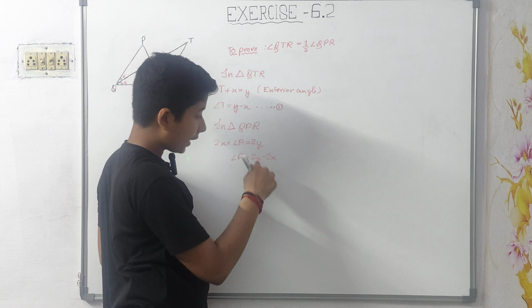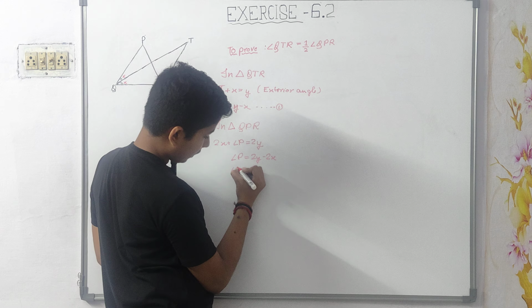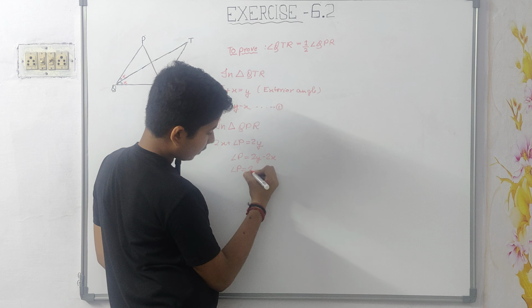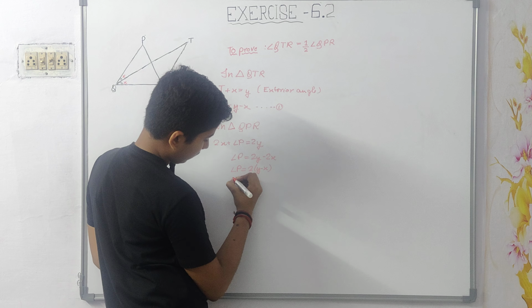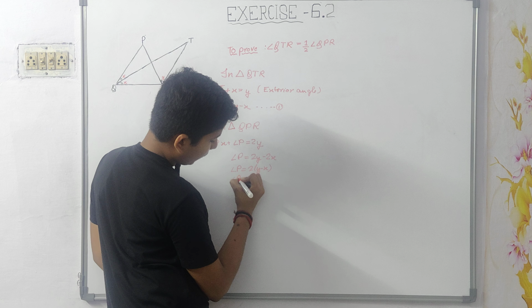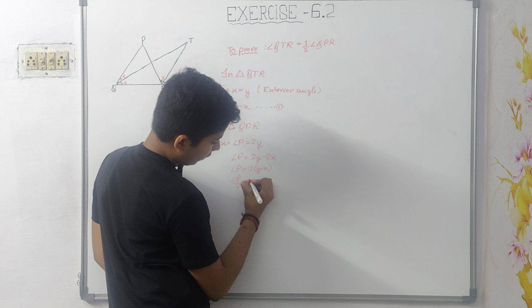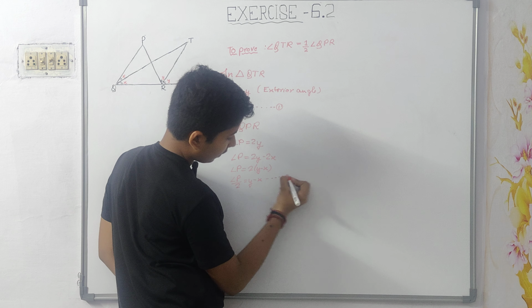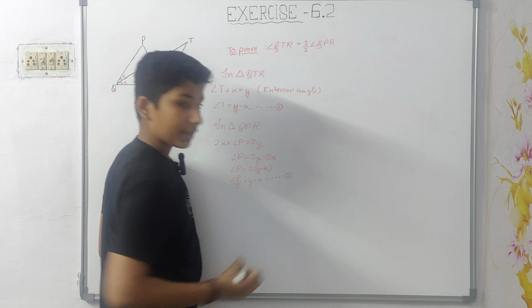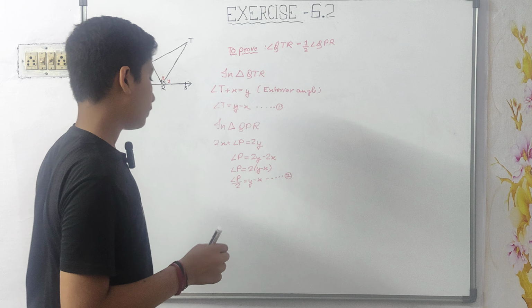From here we will take 2 common. Angle P equals 2 times y minus x. Angle P upon 2 equals y minus x. Let it be equation number 2.